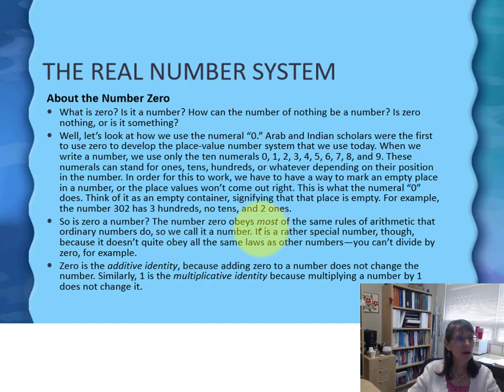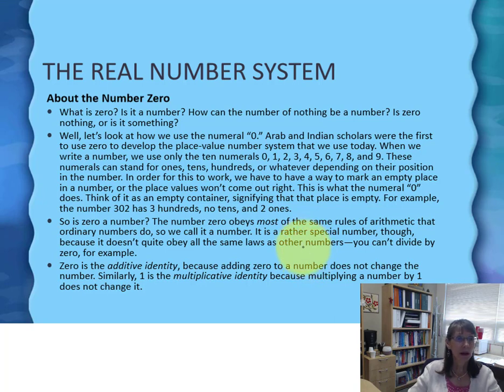The number 0 obeys most of the same rules of arithmetic that ordinary numbers do, and so we do call it a number. It is a very special number. You'll notice throughout the course how we are using the number 0 and how important 0 is.